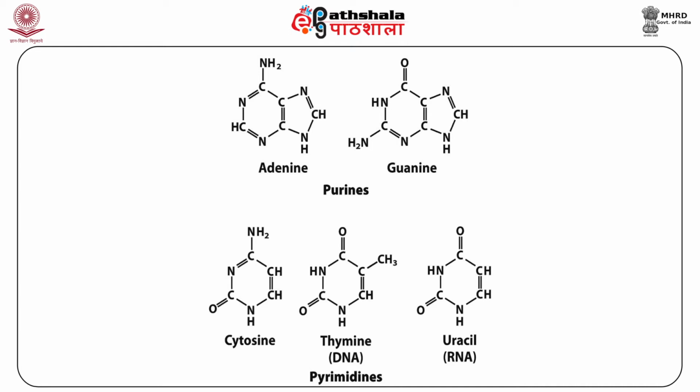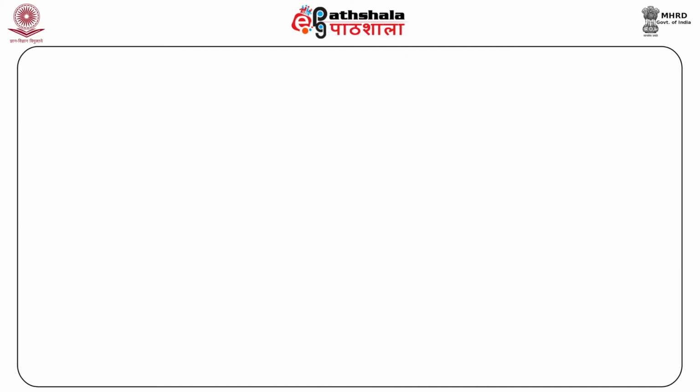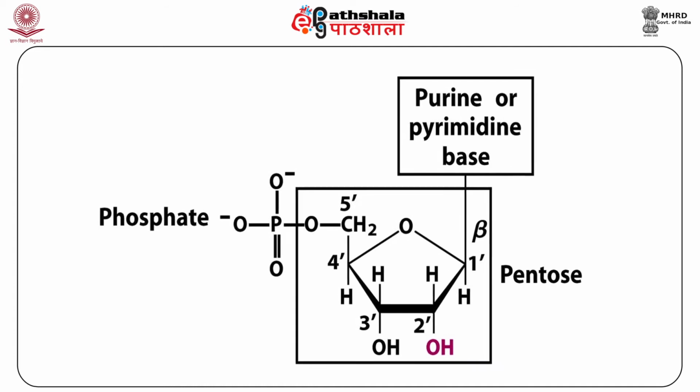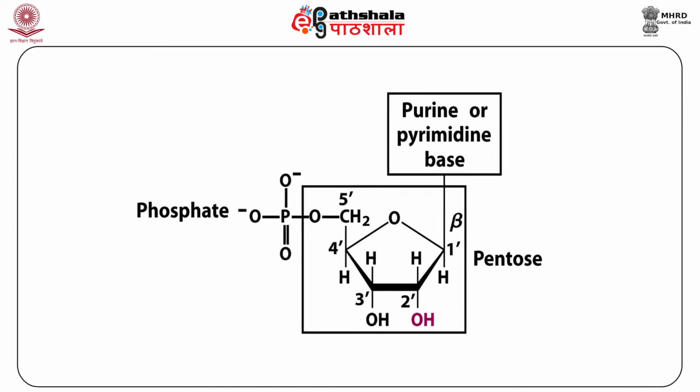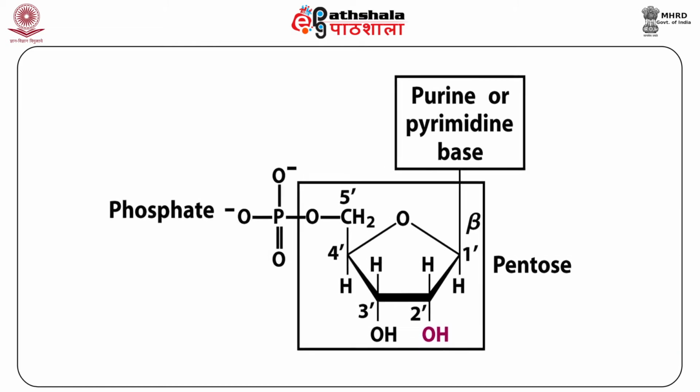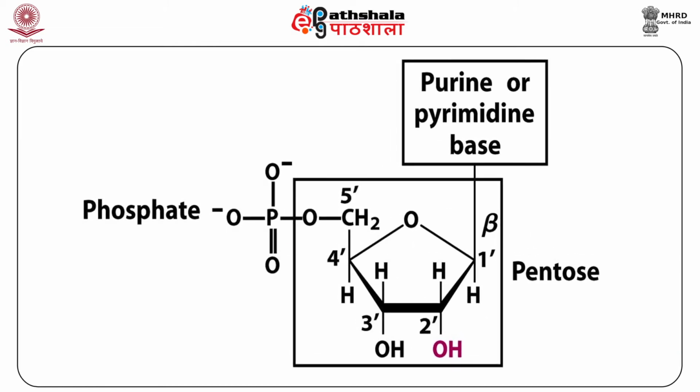The two purine bases are adenine and guanine, whereas the pyrimidine bases present in DNA are thymine and cytosine. The nucleotide further consists of phosphate and deoxyribose sugar, which forms the backbone of the structure of DNA.